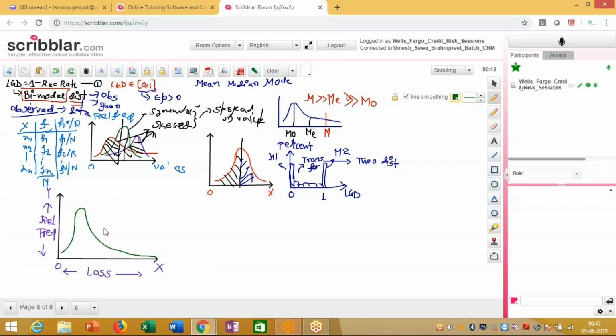So basically what I'm trying to say is that without fail, this distribution is a right skewed distribution. So the question is, why am I saying that this distribution is right skewed? It is because the skewness or the asymmetry is towards the right side.